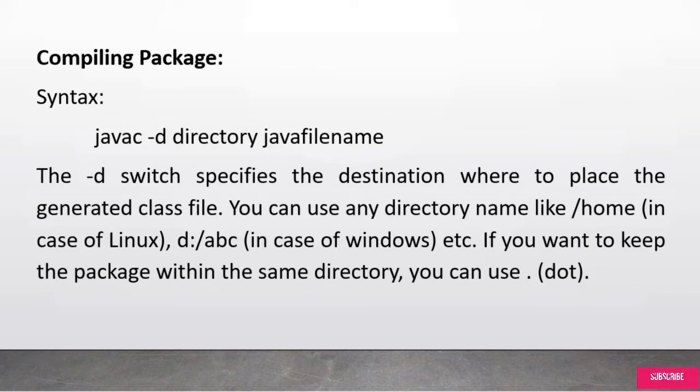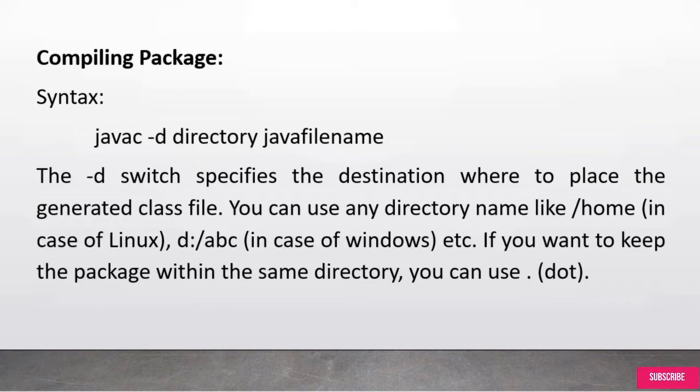Here -d is a switch that specifies the destination where to place the generated class file. After -d you give the directory, that means the complete path where you need to place your dot class file that is generated after program compilation.